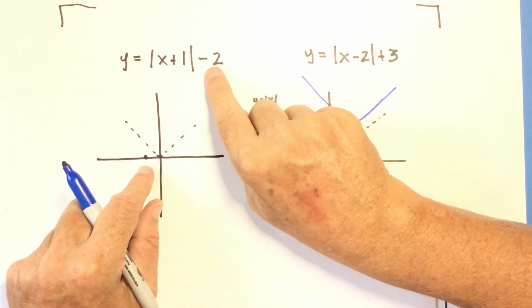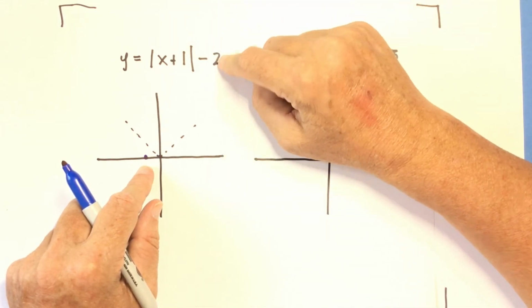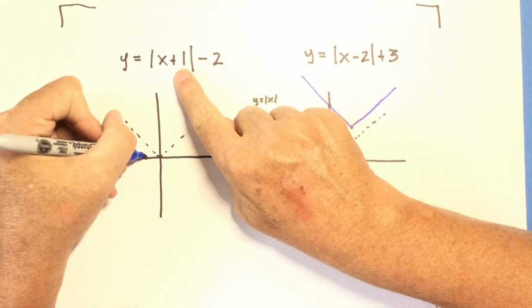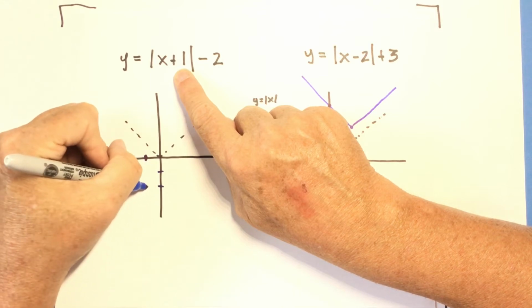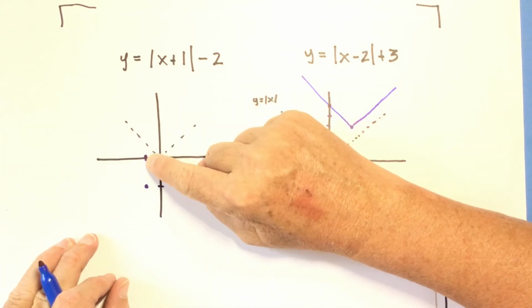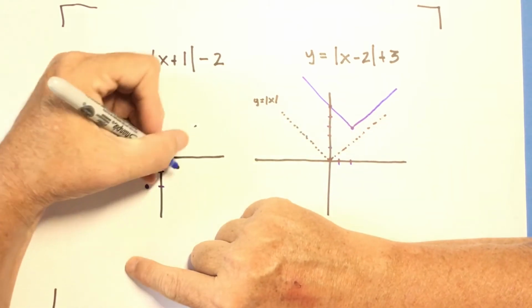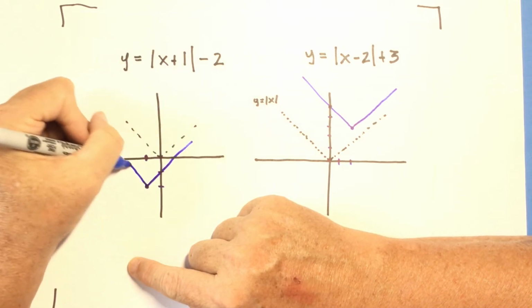But at the same time, I'm subtracting 2, and we know that affects the graph up or down. If I subtract 2, I move down 2. So this point that was here has now gone to the left 1 and down 2. Left 1, down 2. That means this new graph will look like this.